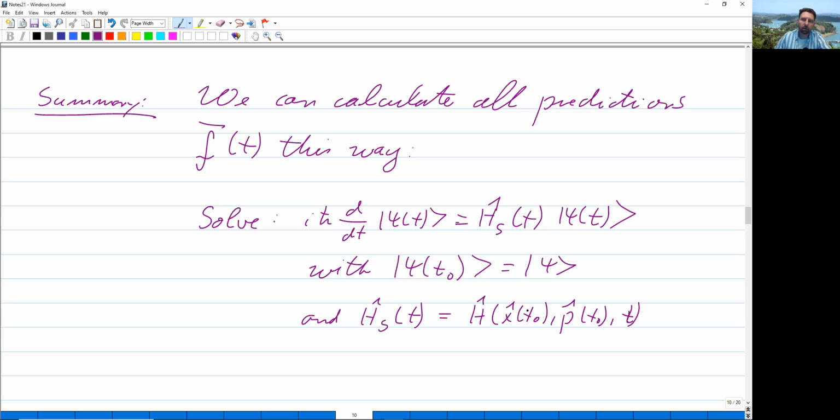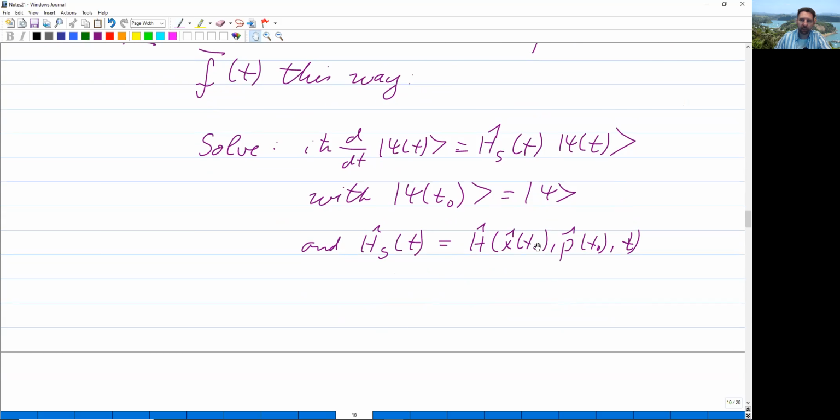And if there are more operators around, because we have more particles, many dimensions of space, then there would be more operators, but it works exactly the same way. So we calculate our predictions this way.